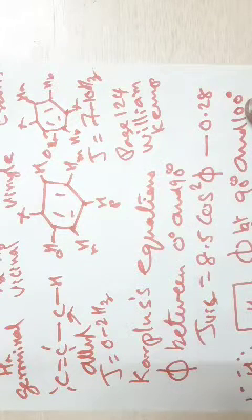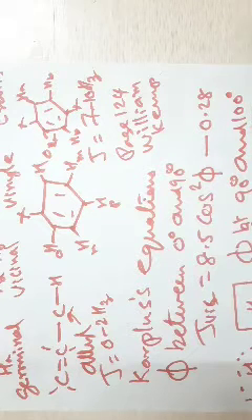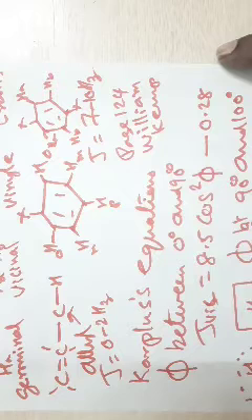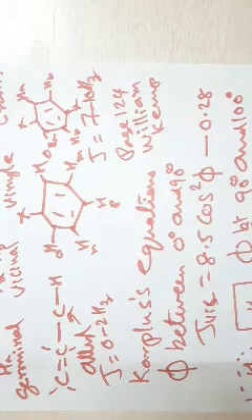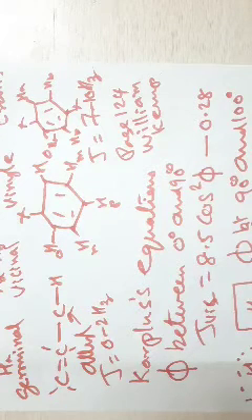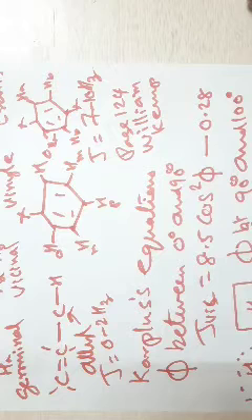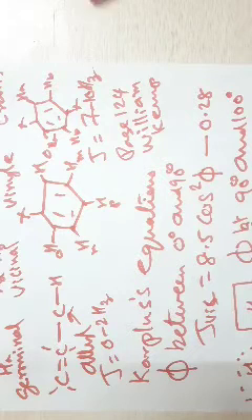Deuterium is an isotope having a spin value I equal to 1. So how is the coupling between hydrogen and deuterium observed? Hydrogen and C13, hydrogen and F19, P31, hydrogen and N15. All these things we have to discuss. This is called the coupling of protons with heteroatoms.